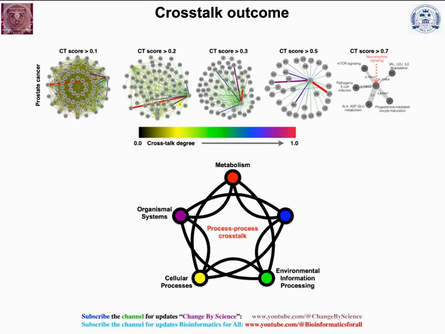Then at 0.5, you have more pathways interacting with each other. Then 0.2, 0.1. So depending on your interest, is it coming at the maximum crosstalk score or degree, or at slightly lower crosstalk scores or degrees? You can decide, and based on that, you can go for further analysis of the crosstalks.